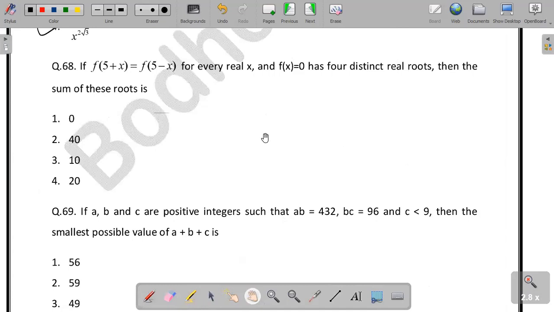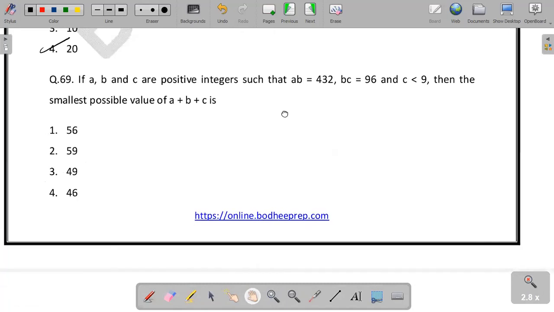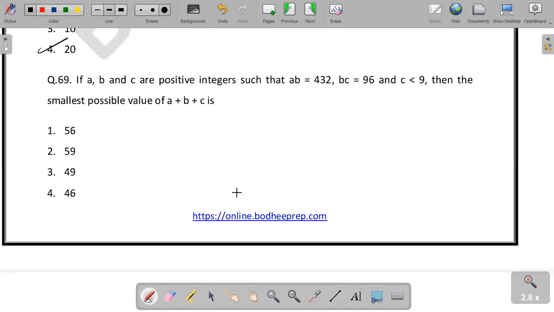This concept I want to teach to you. Whenever this type of equation you see, the sum is 5 into 4, that is 20. If A, B, C are positive integers such that AB is equal to this, BC is equal to this, so I can say A by C is equal to, if I do काटा पिटी, अब फिर काटेंगे तो 4 से 6, and this should be 27.